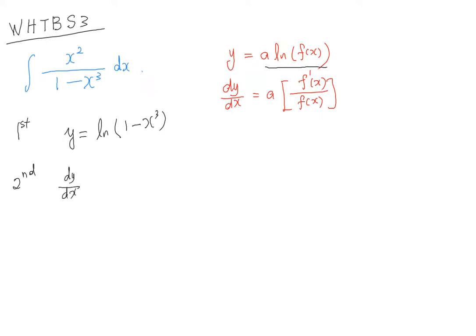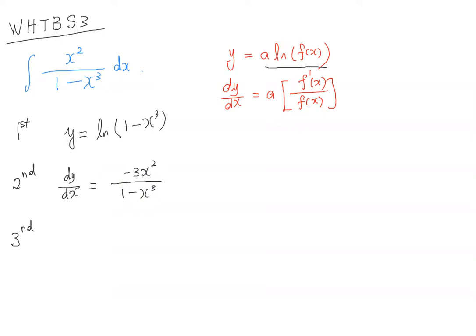So anti-differentiation for integration is very important. So you get, your f(x) is 1 minus x cubed. So this one is negative 3x squared. Am I right? So third step. Third step. So what do?